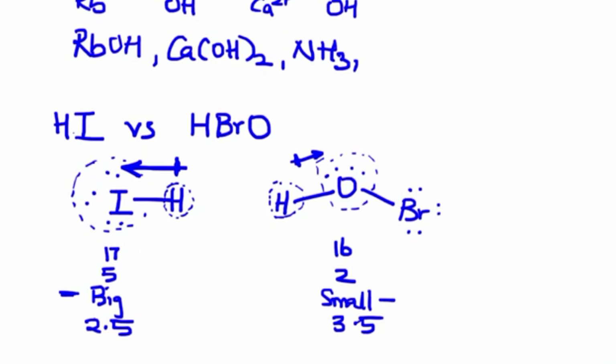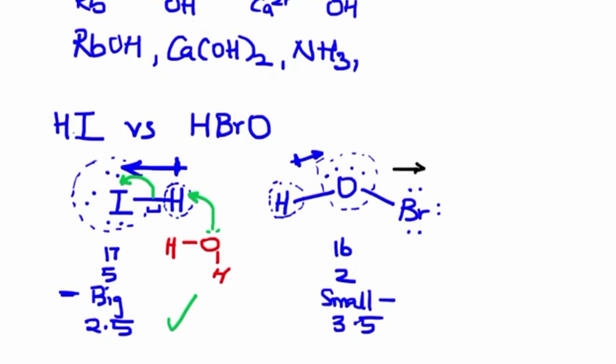So as a result, this bond pair right here between the hydrogen and the iodine will actually be weaker, resulting in water coming in and easily picking up the hydrogen based on the Lewis acid concept to form a stronger acid here compared to this other compound right here.